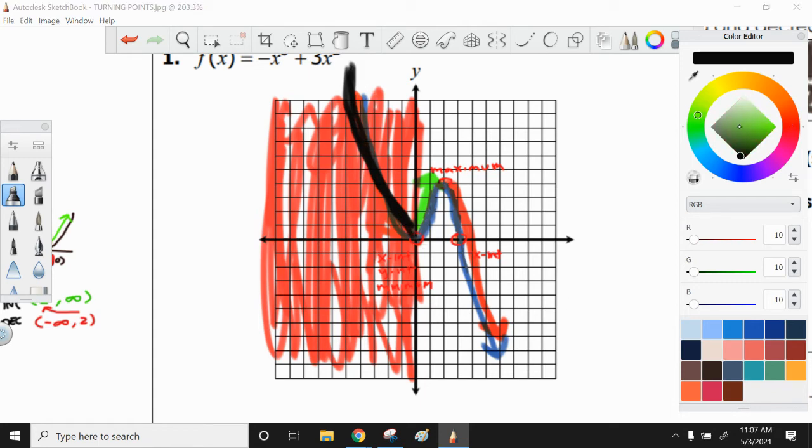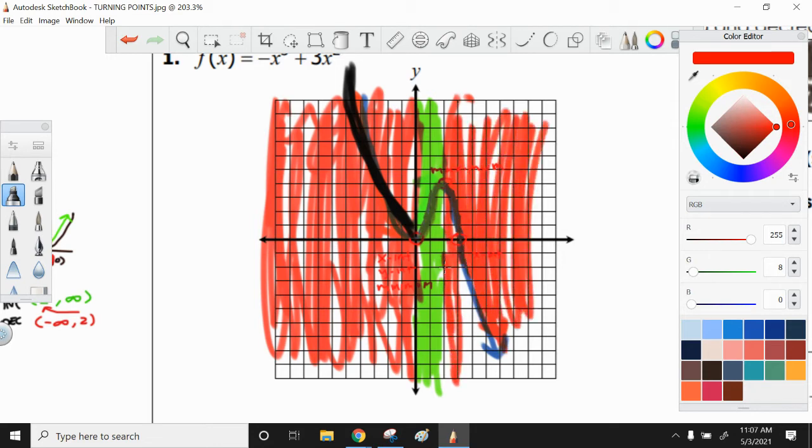But then this middle region right here, my function is going up. And then again, my function is going, try not to ruin my nice green that I've got there. This whole region here, my function is going down forever.